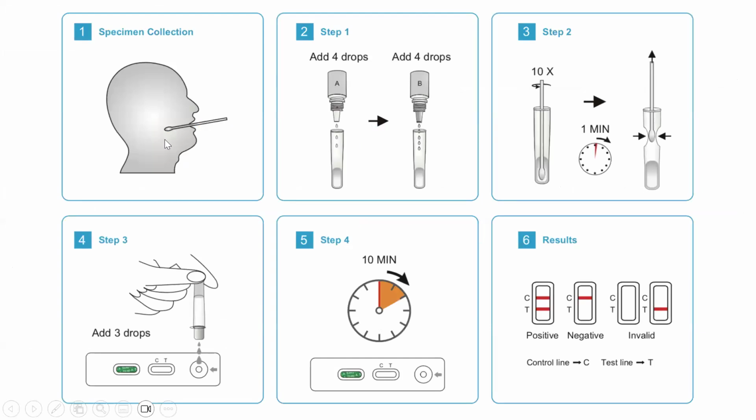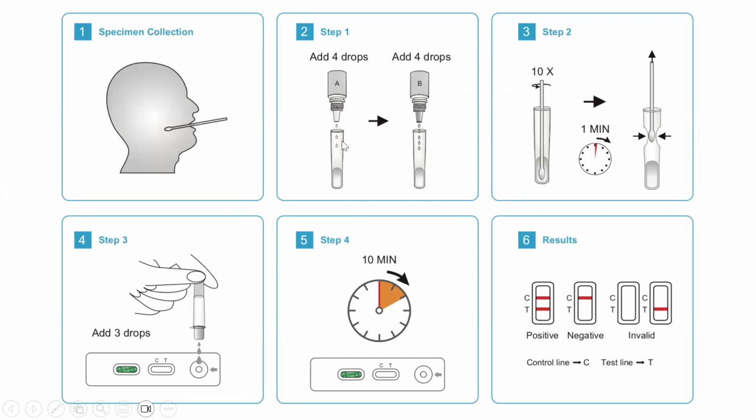This is the specimen we collected, the throat swab. The rapid antigen test kit has two reagents, the A reagent and the B reagent. We shouldn't need to know the contents. It's basically antibodies, and one of them was called the gold sheep antibody, something like that. But we have antibodies that we know should bind to the antigen of Streptococcus.